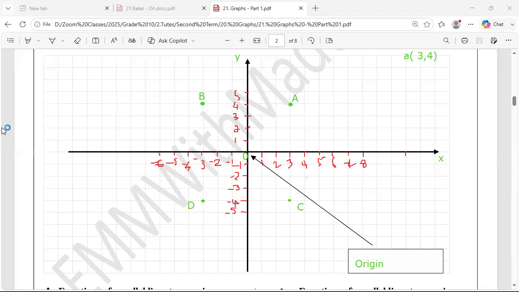Mark E, 0, -2. When it comes to point E, the x-axis coordinate is 0. The y-axis coordinate is -2, here.